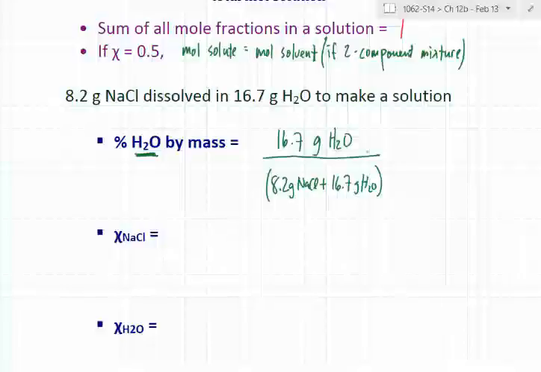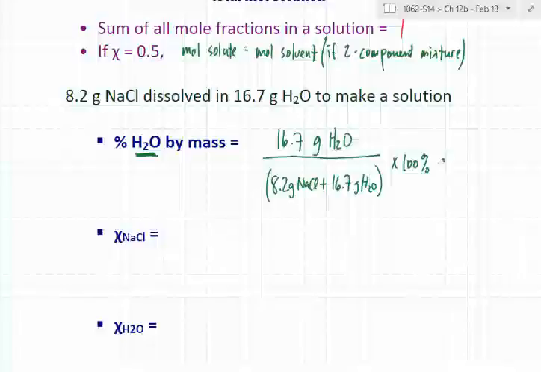What do I have to do to make it a percent? Times 100. And you can put the percent unit there if you want. This is percent by mass. Just look at those numbers. Is it going to be greater than 50% or less than 50%? Yeah, it's going to be greater than 50%. I mean, if they were both 8.2 grams, you'd have 50%, right? This is going to be closer to 70%, I think, if I'm looking at it right.